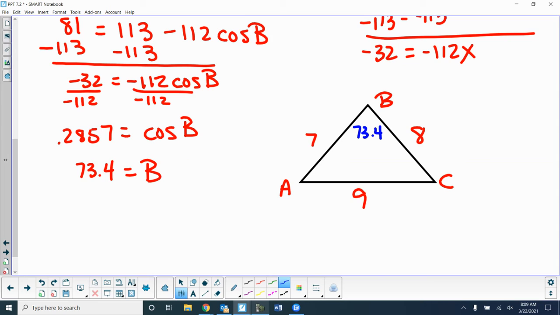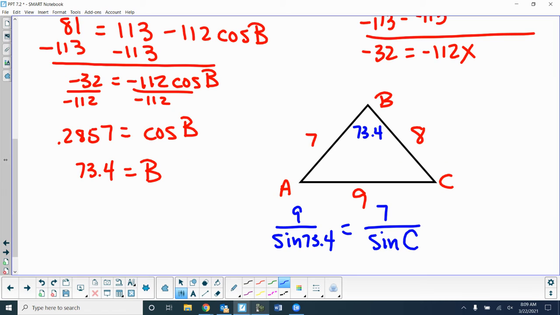So it's going to be 9 over the sine of 73.4. That's what I know. And then 7 over the sine of C, the smaller of the two remaining angles. Always go for the smaller after the law of cosines.